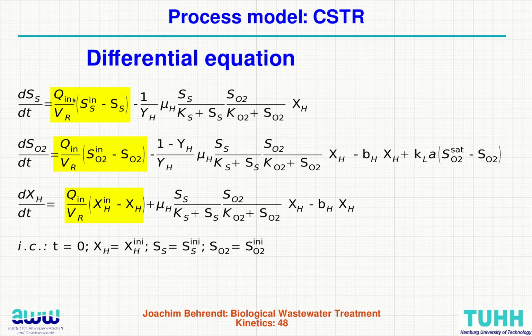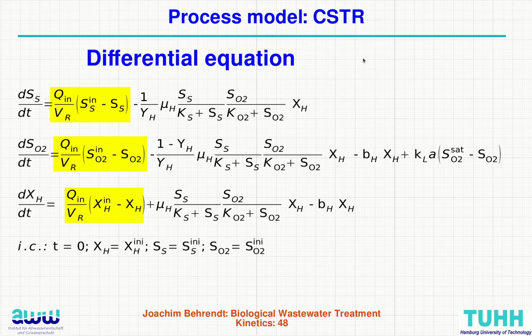In this case, the inflow is the same as the outflow. So finally, the evaporation or production of water is negligible, very, very small. And these are the equations we have for this type of reactor, which is called a CSTR, continuous stirred tank reactor.